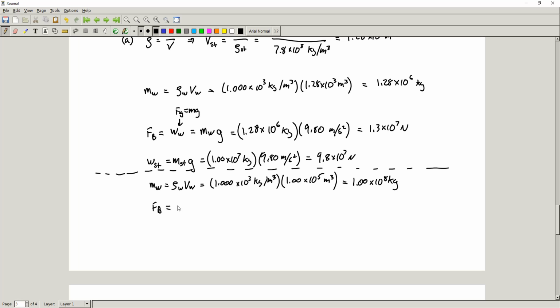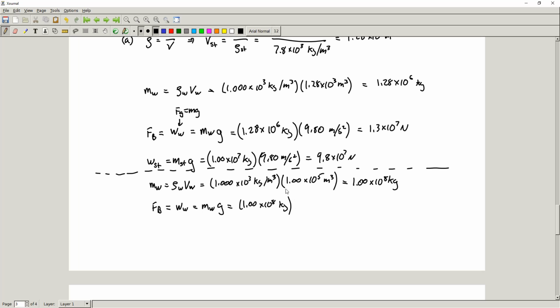And again, from our discussion on Archimedes' principle, we know that our buoyant force is going to be equal to the weight of the water. Well, that's just going to be the mass of the water times gravity. We just calculated the mass of the water. That's 1.00 times 10 to the 8 kilograms.